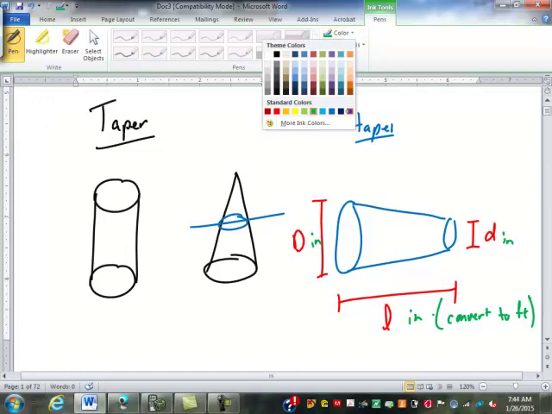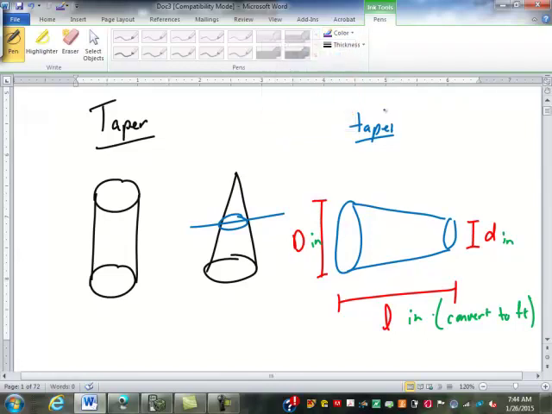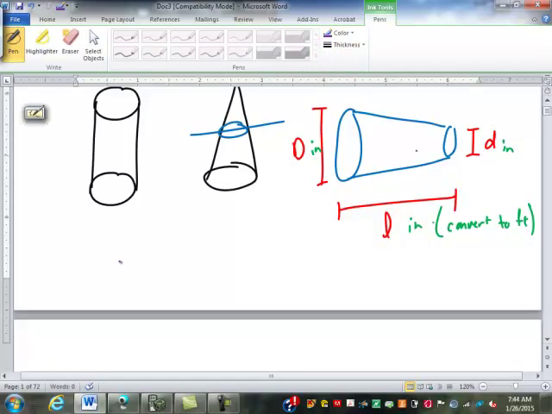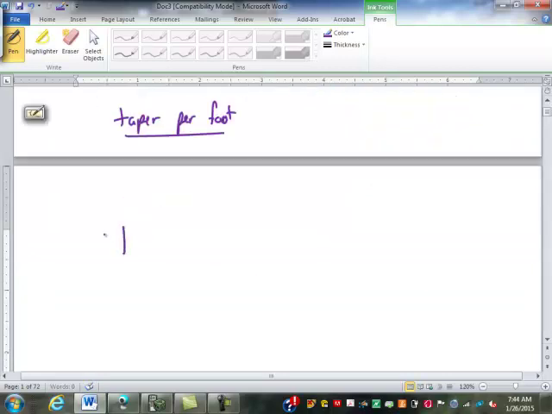The reason for that is that a taper is almost always given in terms of taper per foot. And we saw this formula at the end of last semester: to calculate the taper, it is the large diameter minus the little diameter over the length, where the length is divided by 12 to convert that length into feet.